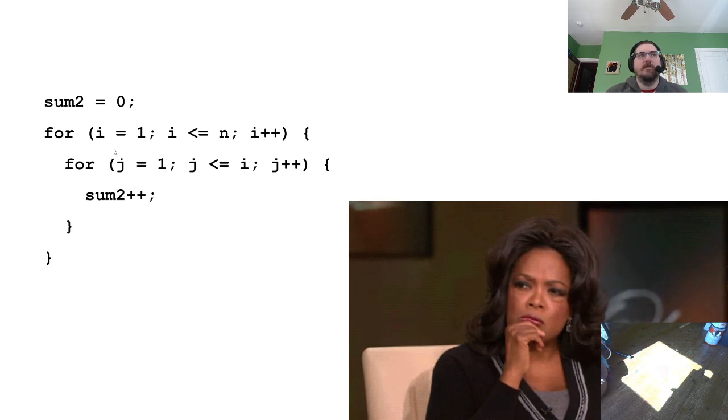But you would have to come up with a summation for all this stuff. The intuitive thing here is that for half of it, this i is going to be pretty close to n, and so you're going to be doing n squared for most of the execution of this, is the more intuitive version. But to actually math this out, you would have to come up with a summation that represents these two for loops in aggregate. But I will just tell you, when you see something like this, it's still n squared.